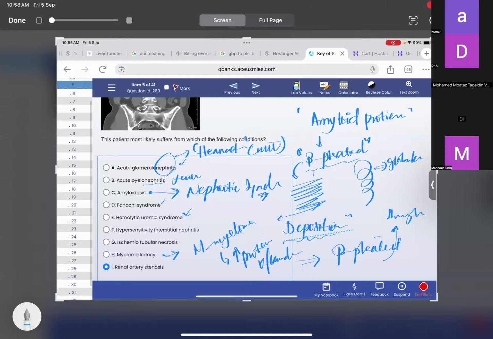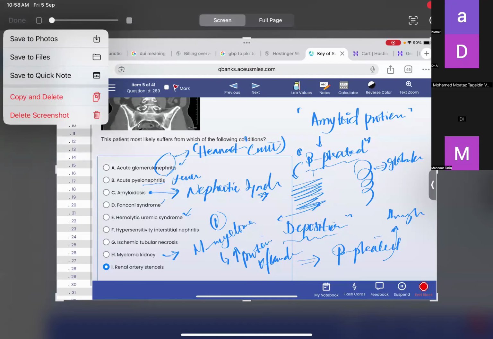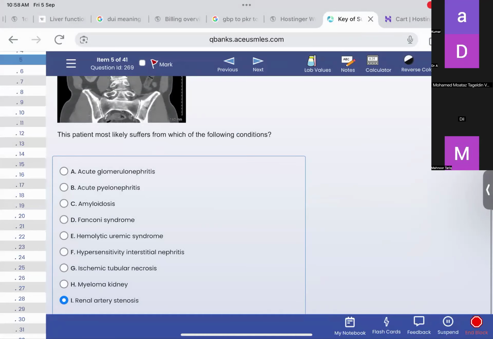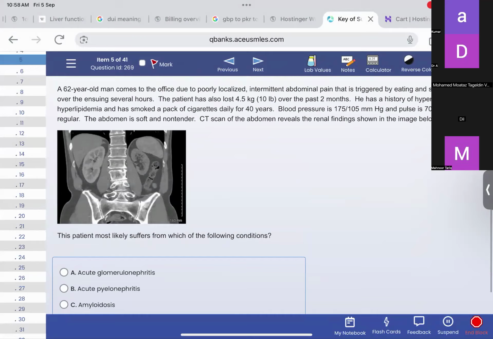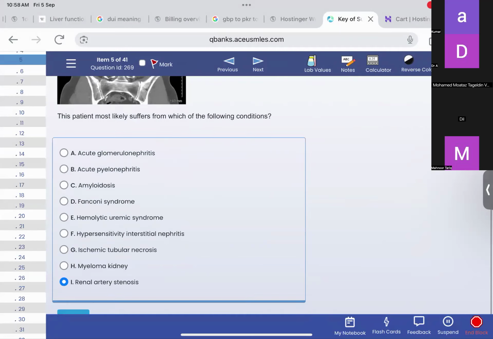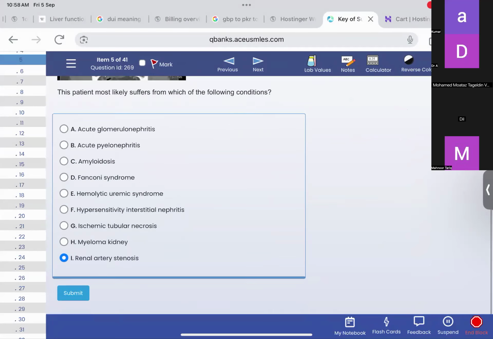Multiple myeloma is one of the causes of amyloidosis. So from the picture and from our stem, we have understood our question almost 90 to 100%, right?